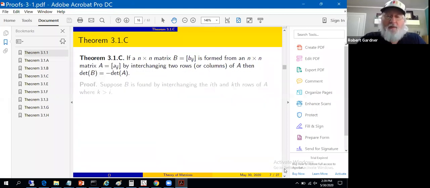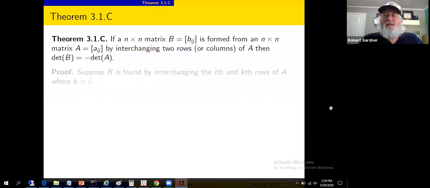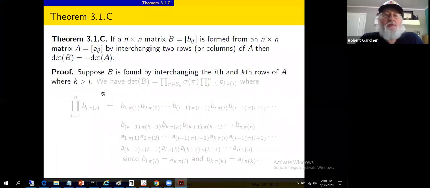Okay, this will a little more explicitly get into the permutation stuff. Interchanging rows, for example, could be represented with a particular permutation. All right, so suppose B is found by interchanging, say, the ith and the kth rows of matrix A. Symbolically, choose K to be the larger of the two.